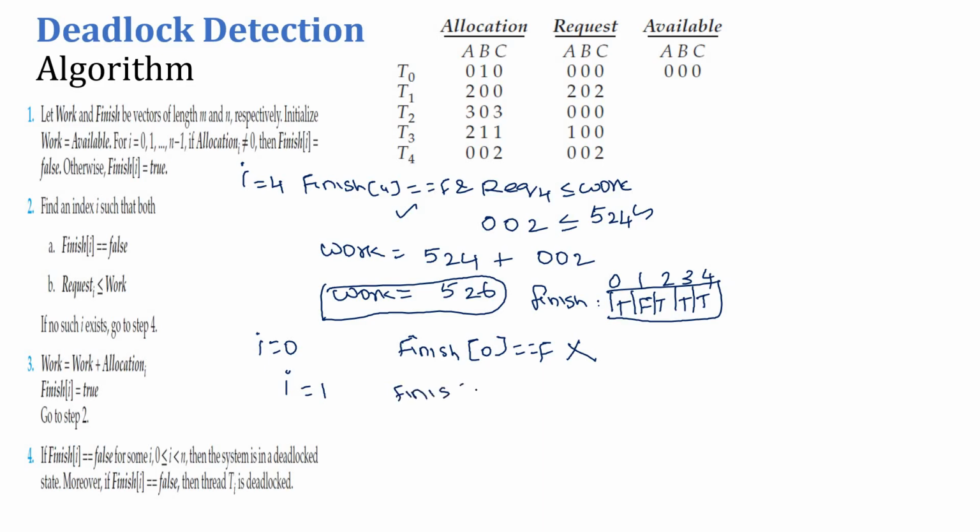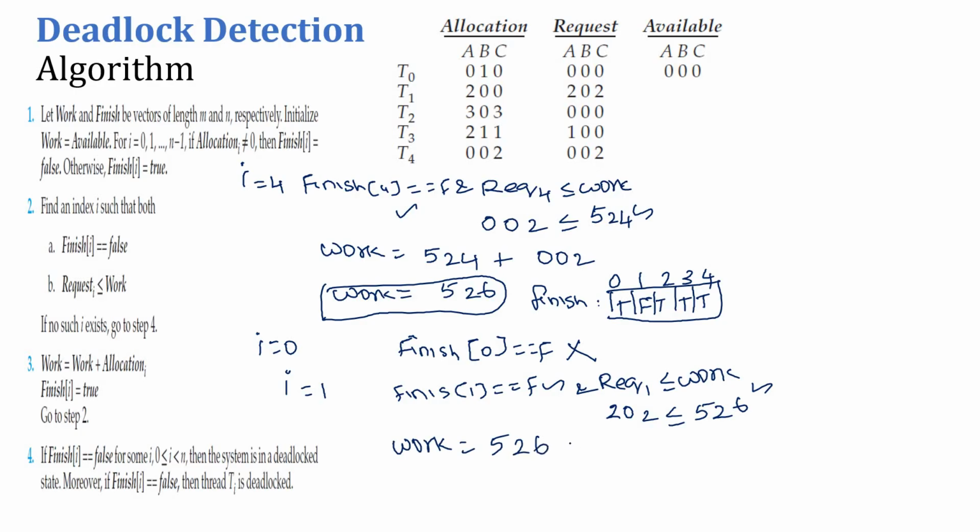Finish of 1 whether equal to false. Yes, the condition is true. Then request of 1 must be less than or equal to our work. Request of 1 is 202. Now the updated value of work is 526. Condition satisfied. So work equal to work plus allocation of 1, 526 plus 200.